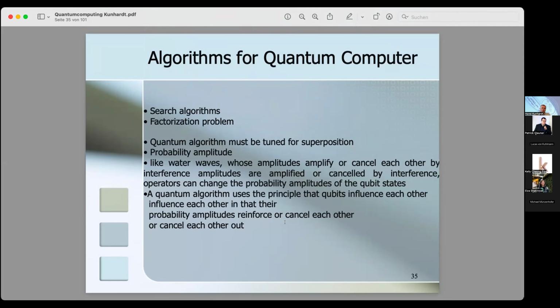So the first algorithms for quantum computers were developed by Richard Feynman or Shor or Grover. In detail, Patrick will show you how these algorithms work. In the first ideas of what to do with a quantum computer, we can use it for searching. You can use it for solving the factorization problem.